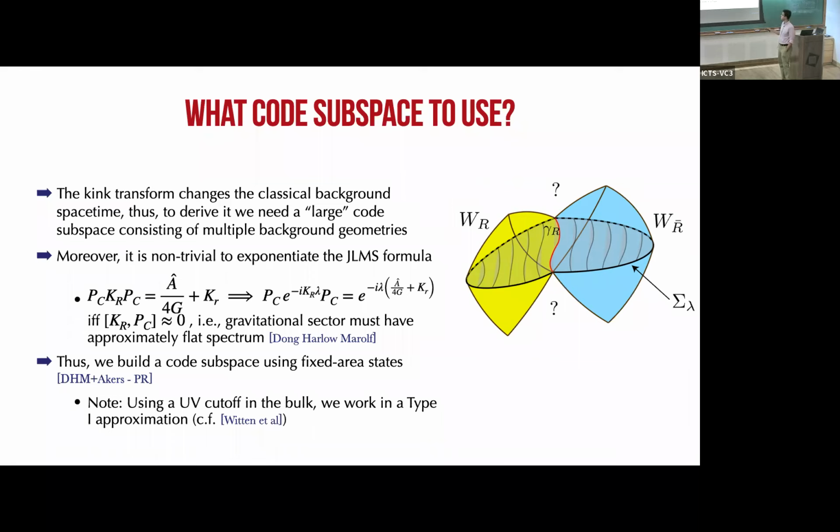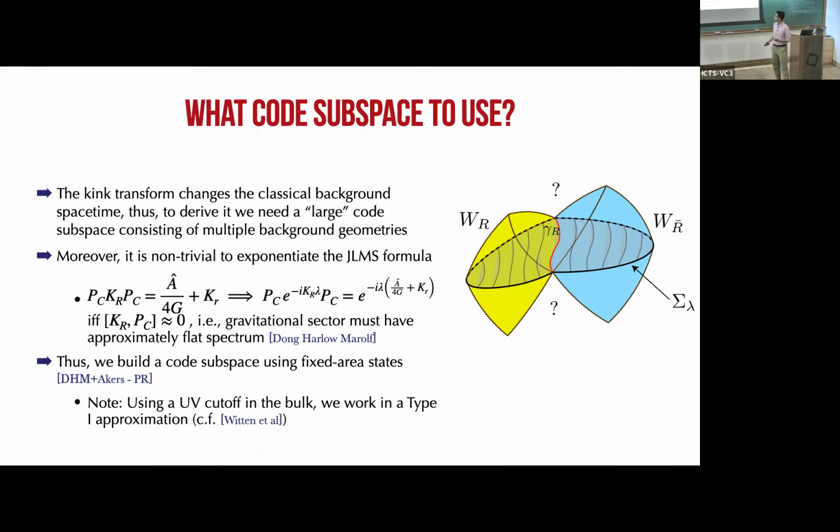I mean, you basically take powers of K_R here, and you want to move P_C past each other. This statement is actually equivalent, as it was shown in this paper, to saying that the gravitational sector has approximately flat spectrum. So the entropy on the boundary side is computed by two terms. There's a gravitational term, which is the area term, and there's some bulk term, right?